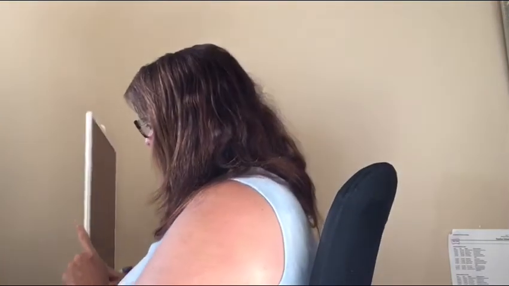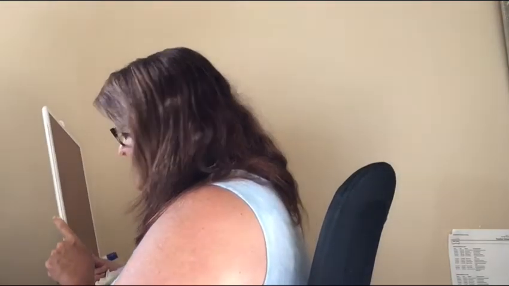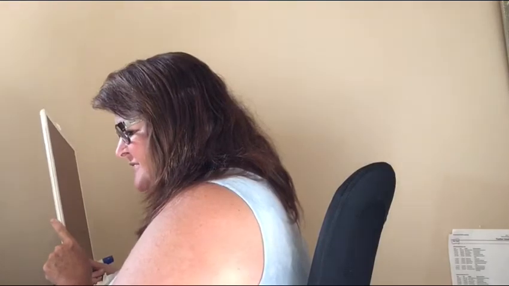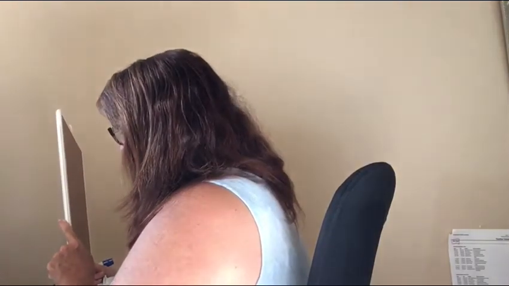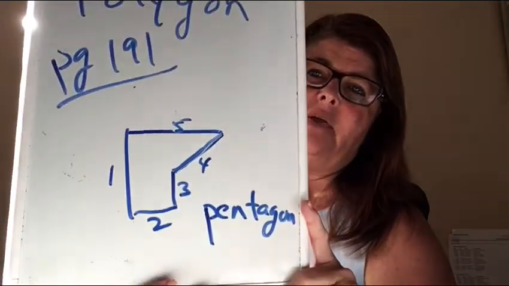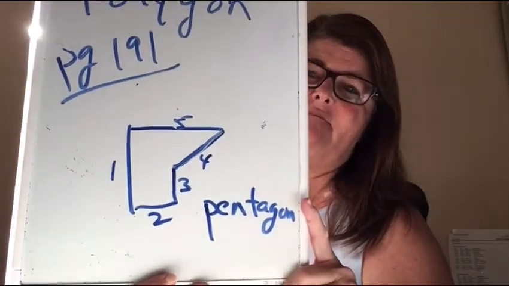Right. A pentagon. If it has 5 sides, it also has 5 angles and it also has 5 vertices. Pentagon, 5 sides, 5 angles, 5 vertices. Good job. So, number 1, write the number of angles and then the name of the shape.